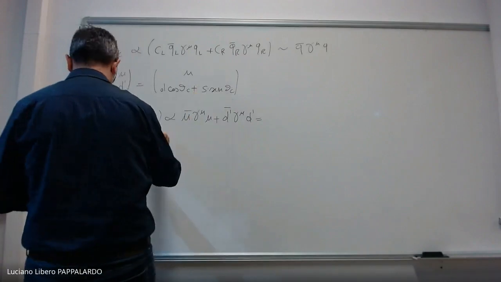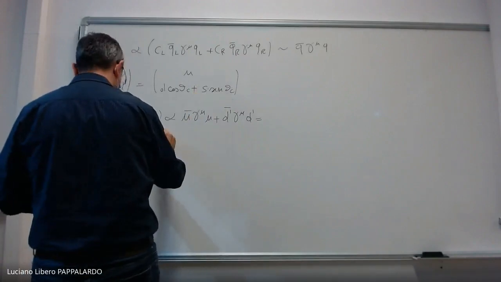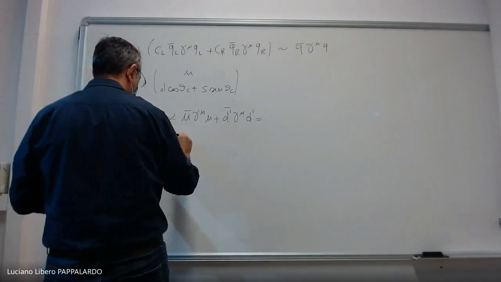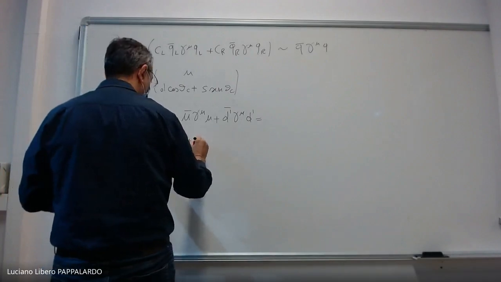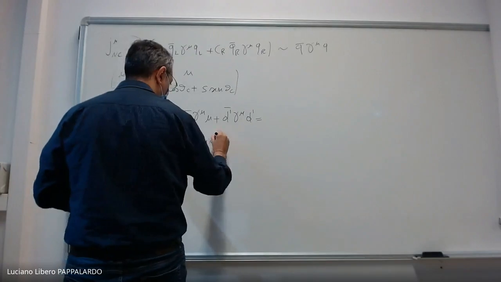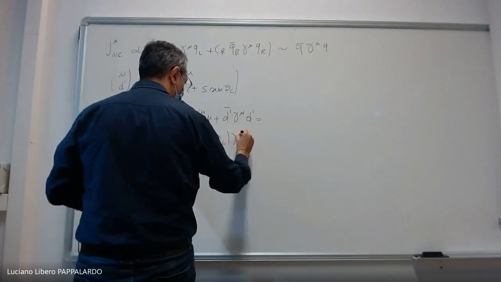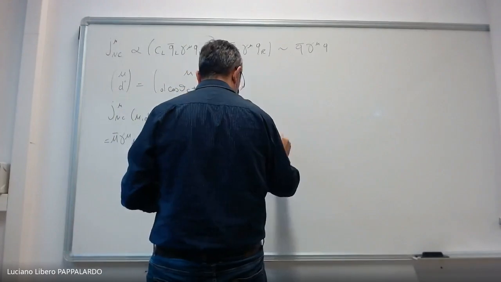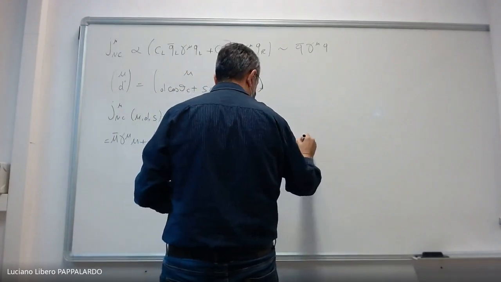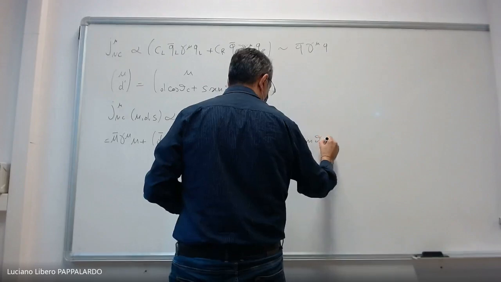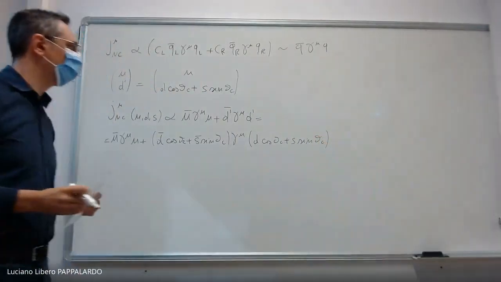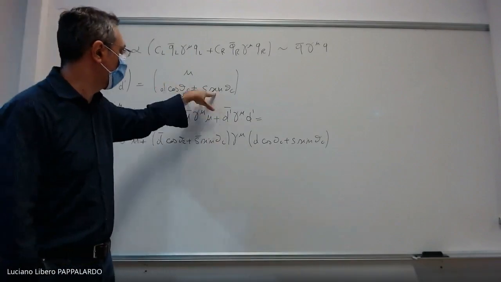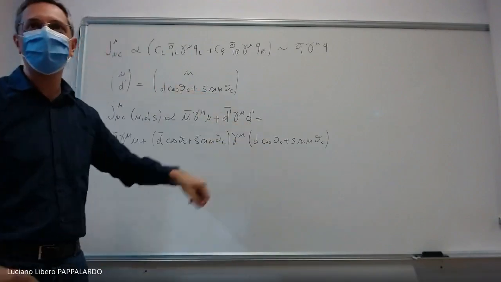So we have d' bar, that is d bar cosine theta_C plus s bar sine theta_C, gamma^μ, and then the same here, d cosine theta_C plus s sine theta_C. We are just substituting these expressions here and here.